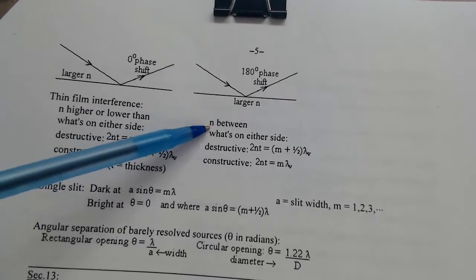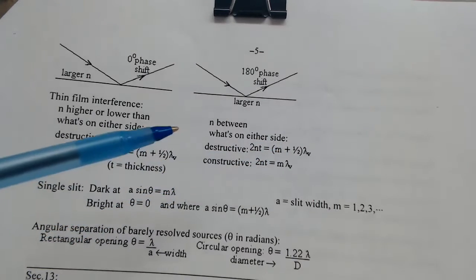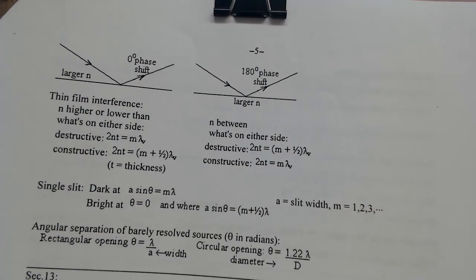On the other hand, an n in between what's on either side, that would be like the non-reflective lenses that I was talking about the other day, where you have a piece of glass whose index might be around 1.5, coated with some other material whose index of refraction might be around 1.3-ish.